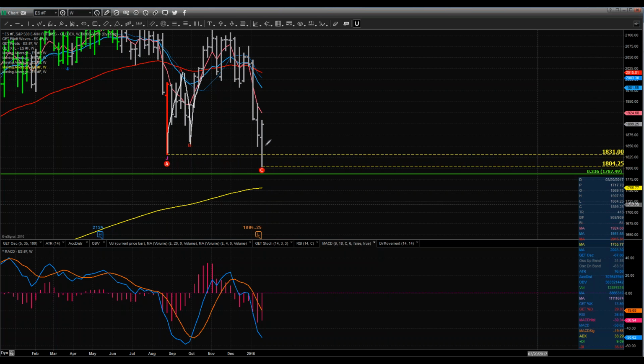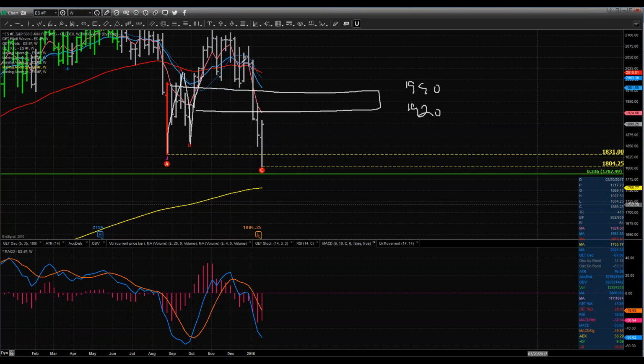So I would expect something similar here, or at least a snapback rally taking us somewhere up in this range right here, okay? It could take us up to around 1920, possibly up to the 1990 area. I could see that happening, and I would not be surprised at all.